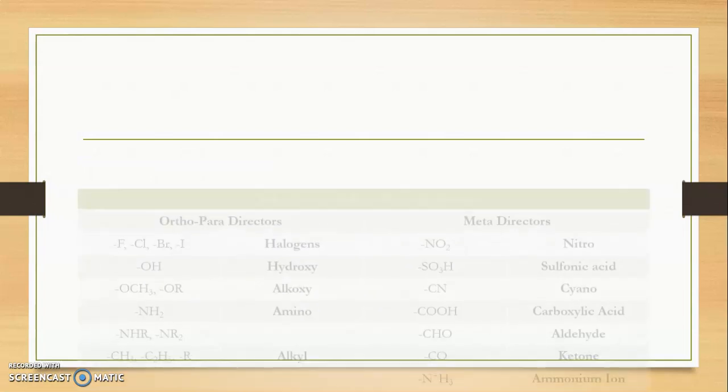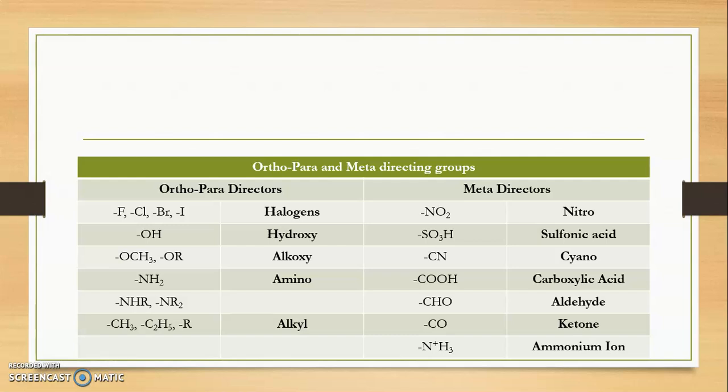Now we will see various examples of groups that show the ortho para directing effect and the meta directing effect. Substituents that show the ortho para directing effect are known as ortho para directors, because they direct the incoming electrophile towards the ortho or para position, while meta directors are groups that direct the incoming electrophile towards the meta position.